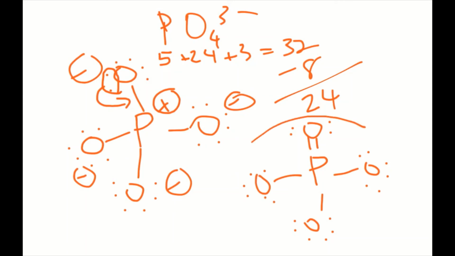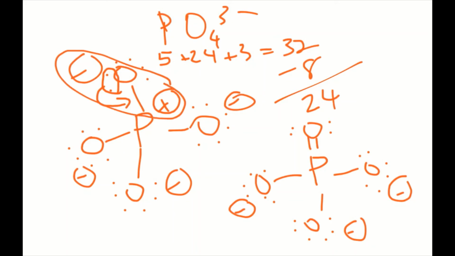So look at this new structure. All I did was I moved the lone pair and I turned it into a bond. And notice what happens is that the formal charge on these 3 oxygens is now -1. The phosphorus has a formal charge of 0, and the oxygen on top has a formal charge of 0 now. So by moving an electron pair down, I essentially canceled these two out, and you end up with an even better Lewis structure.